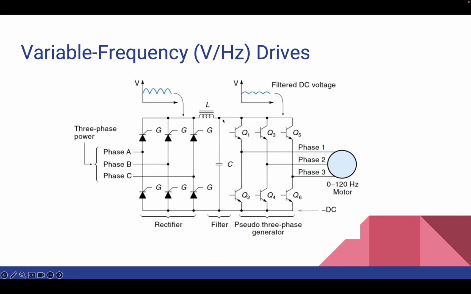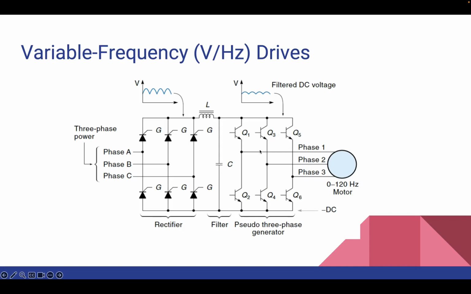And to control the average value of the DC voltage, we adjust the delay of the trigger pulse, which I mentioned before, and the circuit generates the three-phase AC power at any desired frequency using these 6 transistors that you see here on the right hand side.